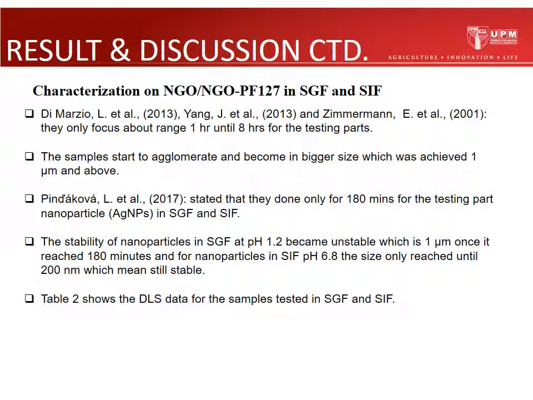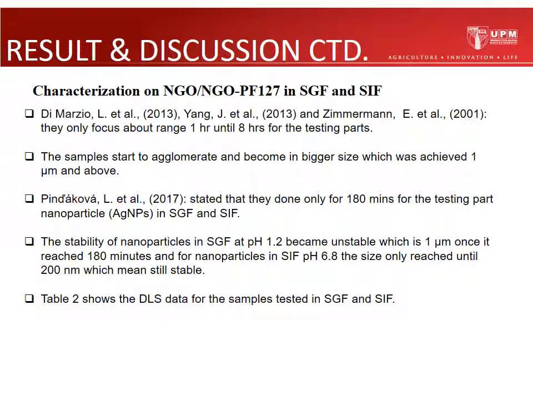According to some journals, they only focus on the range of 1 hour until 8 hours for the testing, because the particles start to agglomerate and become bigger, reaching 1 micrometer and above.